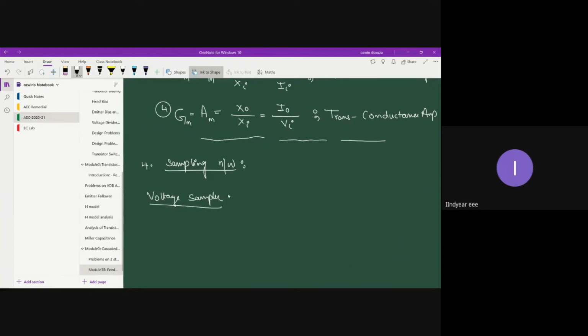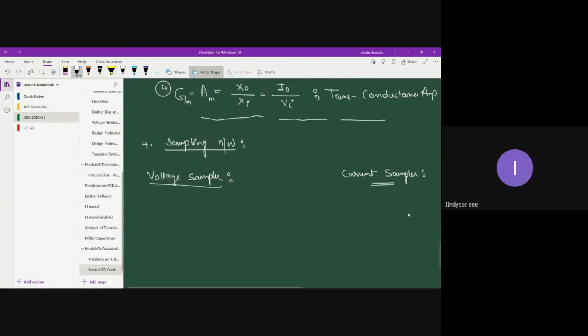On the other hand, if you want to tap a current signal, you need to go for a current sampler. Why do you need a current sampler? Because in the case of a current amplifier, the output signal is the current signal, so you need to tap the current signal. Accordingly, you will have two types of sampling networks: voltage sampler and current sampler.